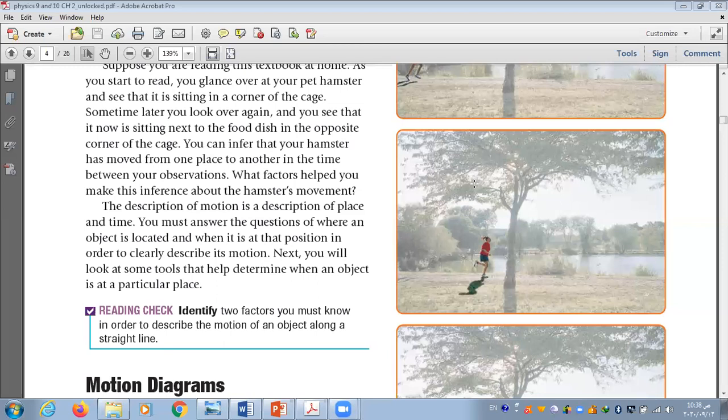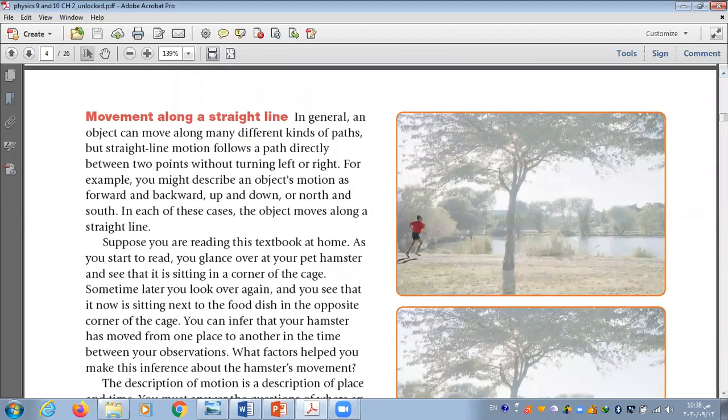Salim, can you remind us what a motion diagram is? I forget. It's in front of you. What can you see here? Pictures.